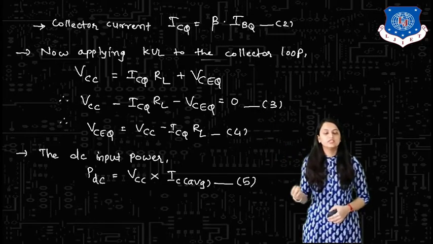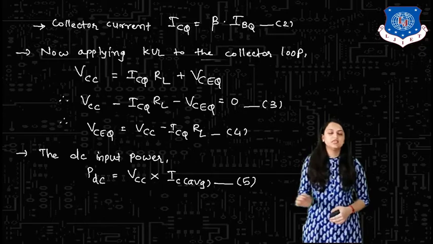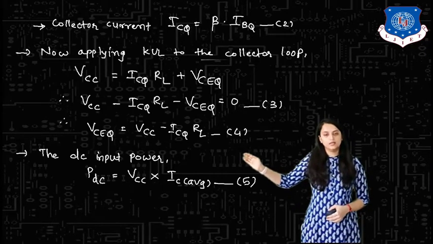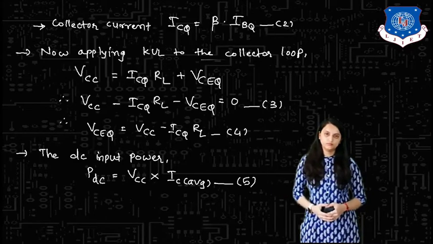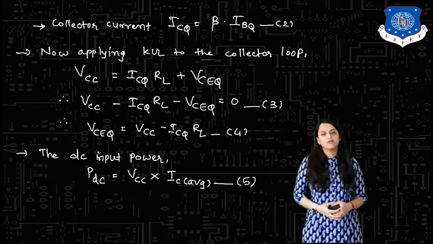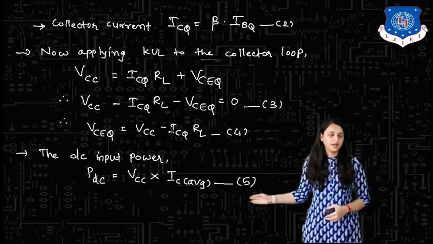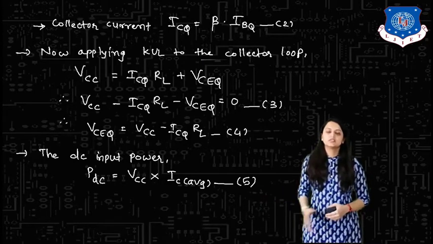And if we take VCEQ as the subject, we will have VCEQ equals VCC minus ICQ RL, that is equation number 4. Here the DC input power equation is given as PDC equals VCC into IC average. This is the DC input power equation.